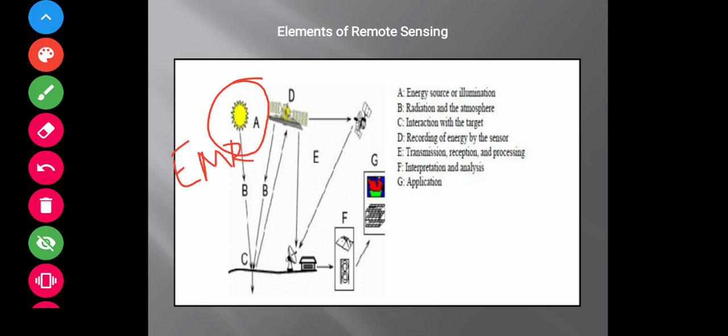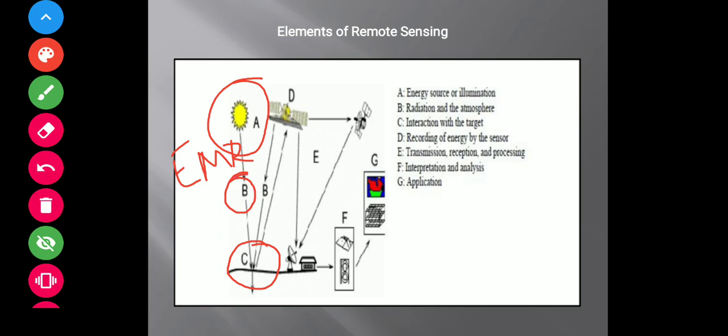These electromagnetic radiations are sent to the target C. This target C can be any piece of land, water body, any tree. It can be any area. Now, this source A sends electromagnetic radiations to the target C through the atmosphere.